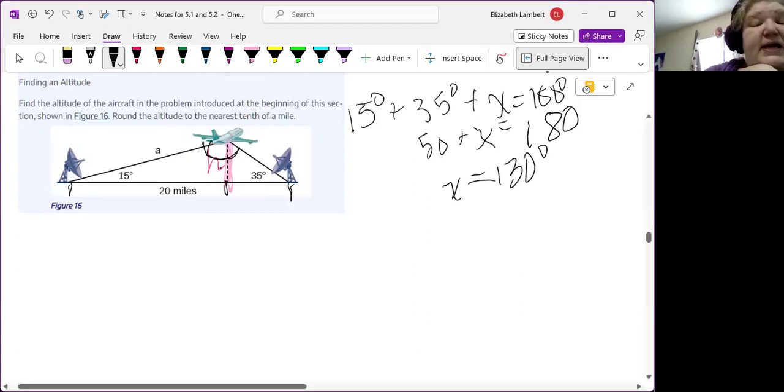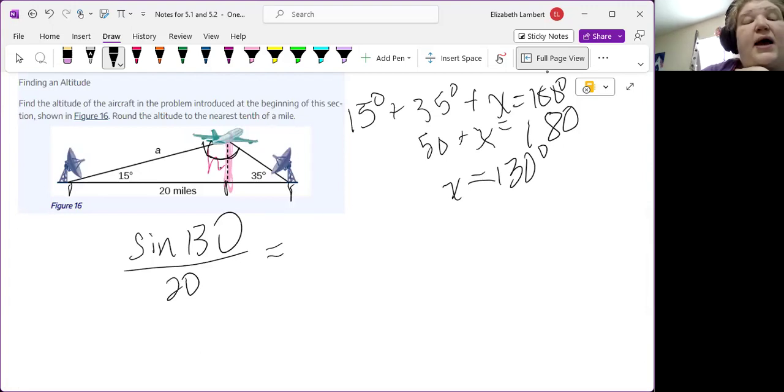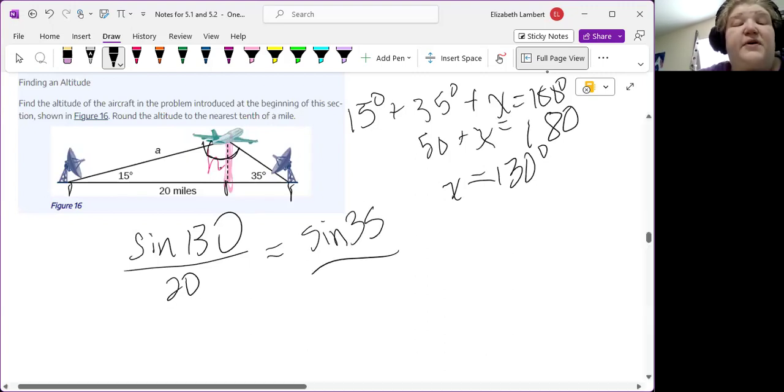So now we can say that the sine of 130 is to 20 as, let's go ahead and get A. I don't know why they labeled that A, but sine of 35 over A, because that is not the altitude.